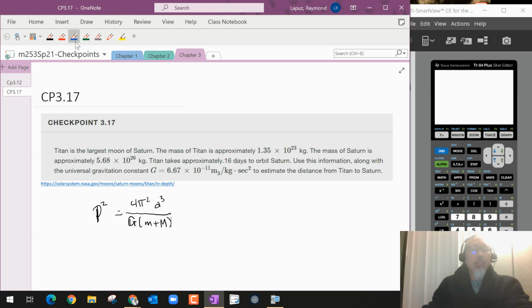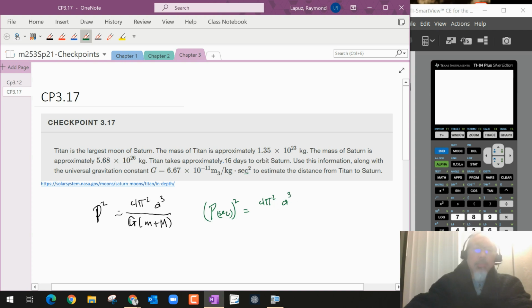Now we just have to be careful with units and to just identify the units carefully. Again, this is P in seconds squared. That's going to cancel with the seconds squareds for the gravitational constant. 4 pi squared are just numbers. Now A is going to be the distance, and so let's put this in.